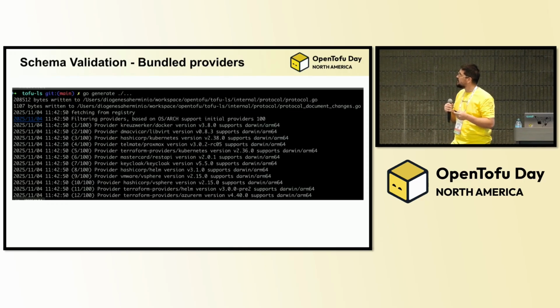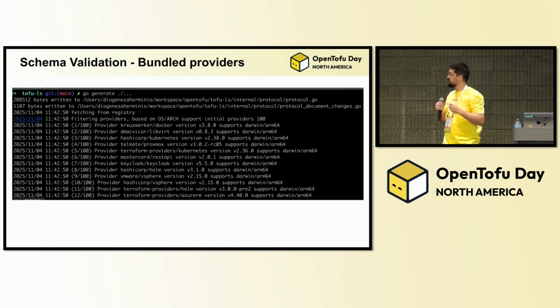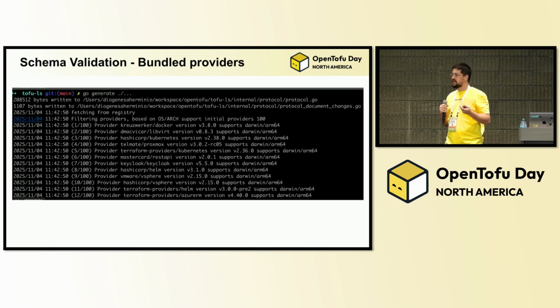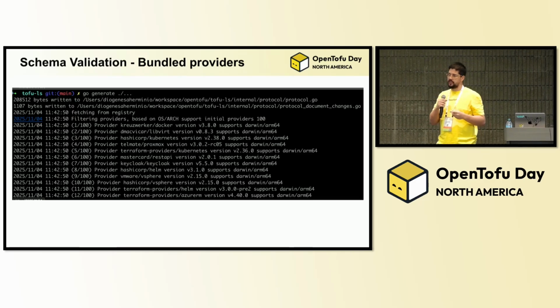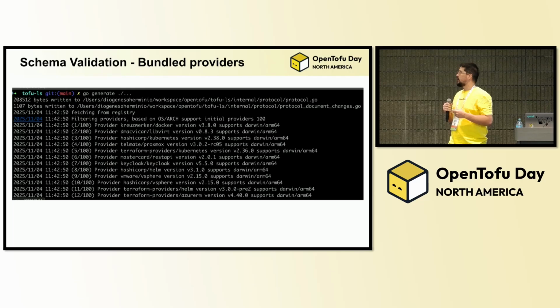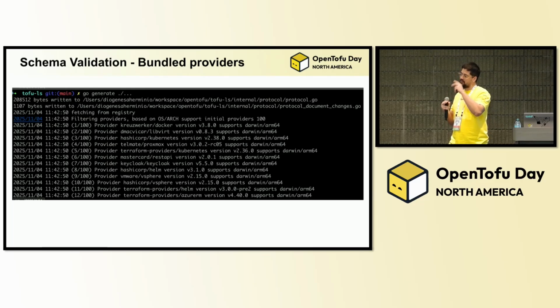Okay, so that's a really interesting part of the project. How do we know what schemas are supported on tofu-ls? Every time we build the project, we run go generate, and we have some files for downloading that.